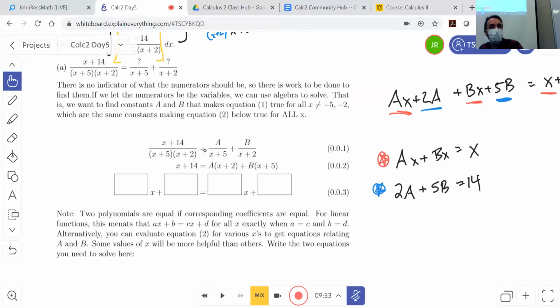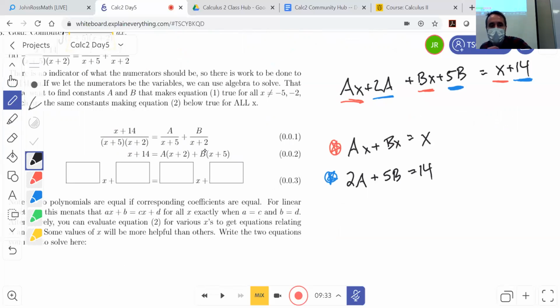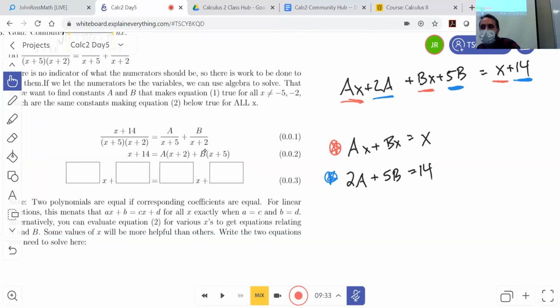All right. And so at this point, we are now trying to solve for A and B, but we are really trying to solve these two equations simultaneously. In other words, this is something called a system of equations, right? And we're trying to solve this system of equations for A and B to make these two equations simultaneously true. In this first equation, we can actually ignore the x. We can factor out the x because there's just a single x in everything.